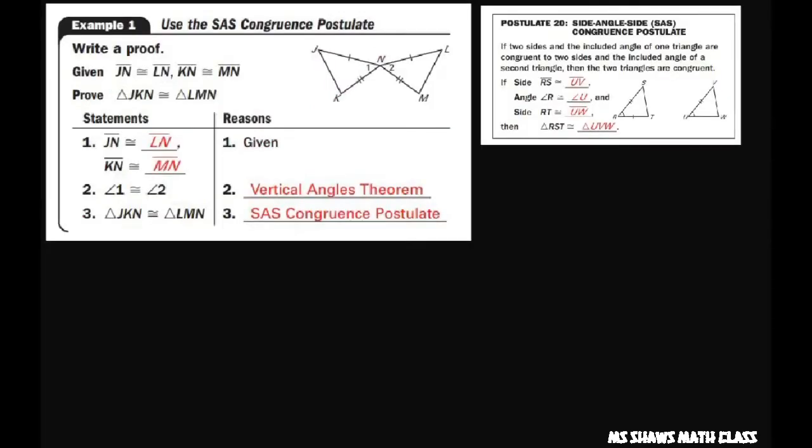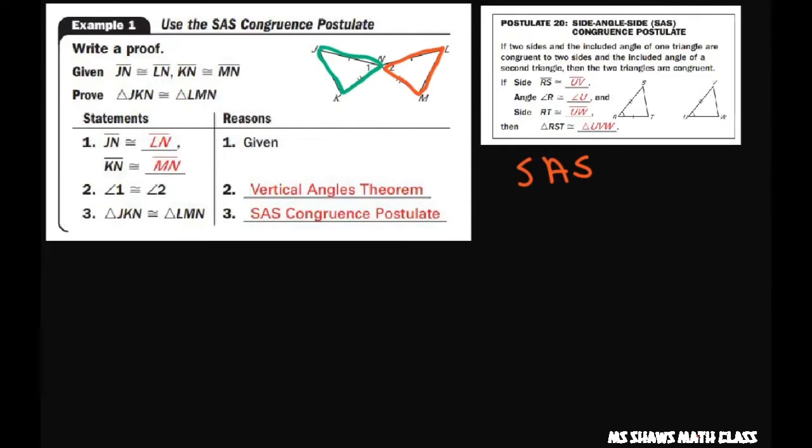So we're going to look at an example with a proof. We're going to prove that triangle JKN is congruent to LMN. So what we want is a side angle side postulate.